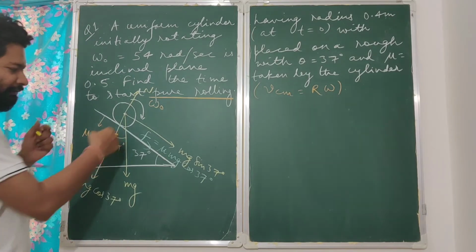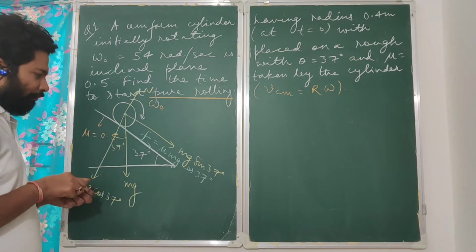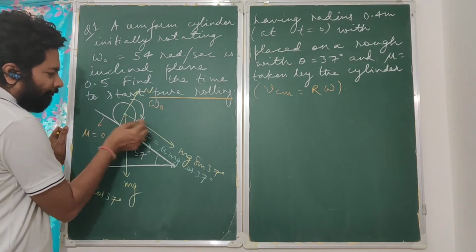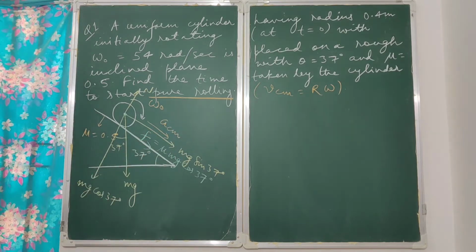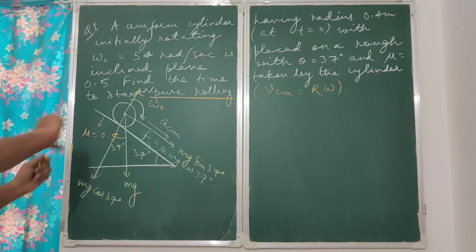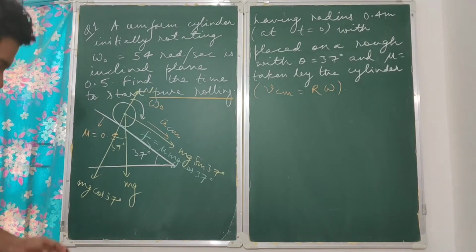As a result of these forces, the center of mass will move downward with some acceleration, let us say ACM. Simultaneously it is rotating also, so there will be some angular acceleration.